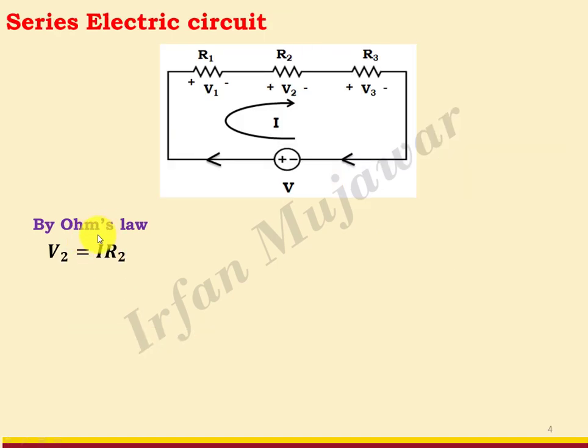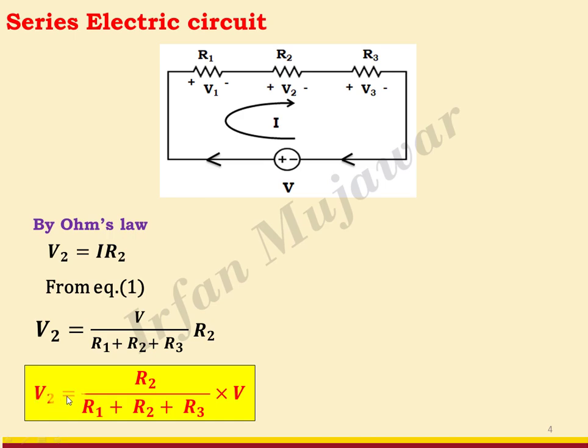Similarly, by Ohm's law, V2 equal to I into R2. Now what is I? I is V upon R1 plus R2 plus R3. So that we can substitute here from equation number 1. So V2 will be equal to V upon R1 plus R2 plus R3 into R2. So rearranging, V2 will be equal to R2 by R1 plus R2 plus R3 into V.